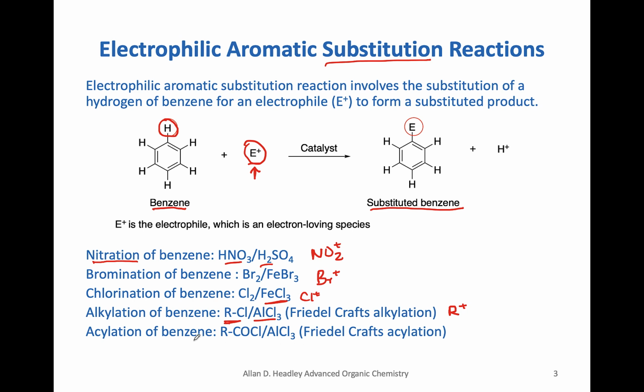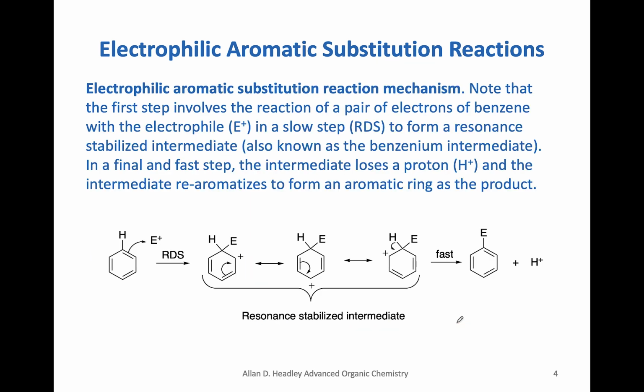And over here the acylation, the active electrophile here is the acylium ion, or C double bond O, and of course typically an R and A plus. So these are the reactions that you covered in undergraduate organic, and these are the electrophilic aromatic substitution. What we'll do here, however, is to review the mechanisms.